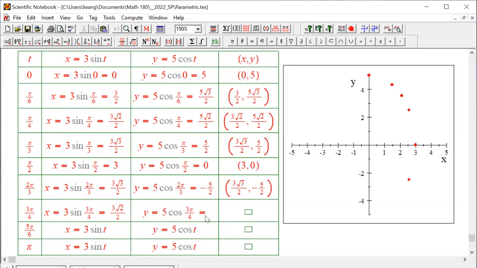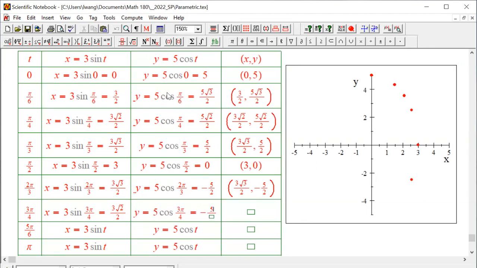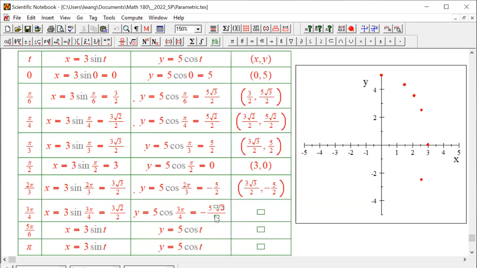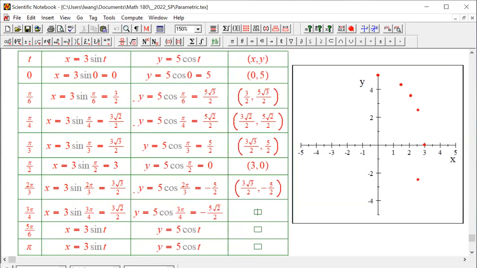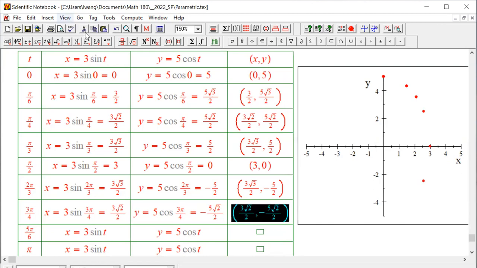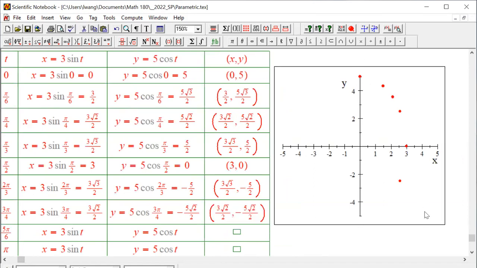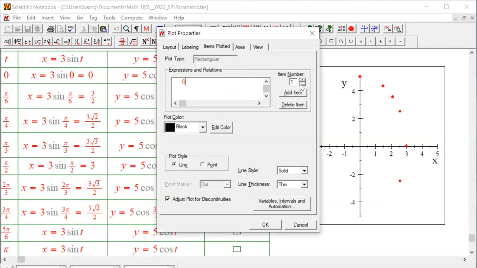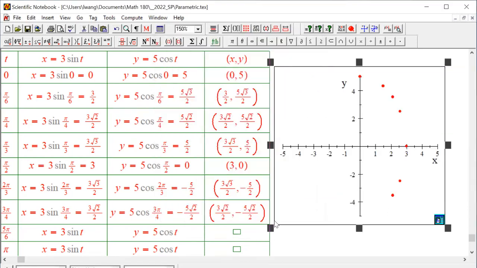Cosine 3 pi over 4 is negative, so 5 times negative, -5 times root 2 over 2. And we got a point here. You can just have the calculator do the approximation. The way I express these points is usually preferred by your future professors. And here you go.